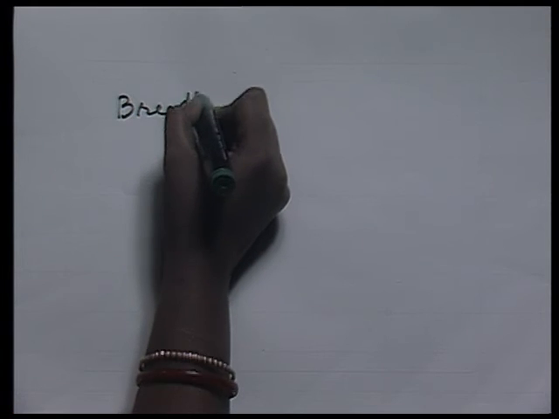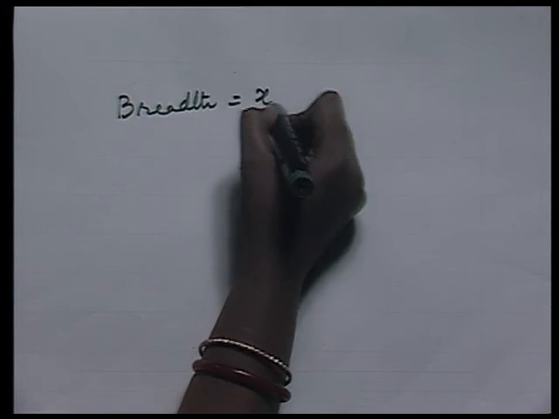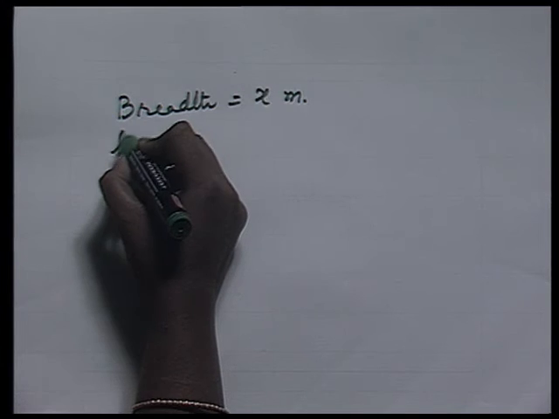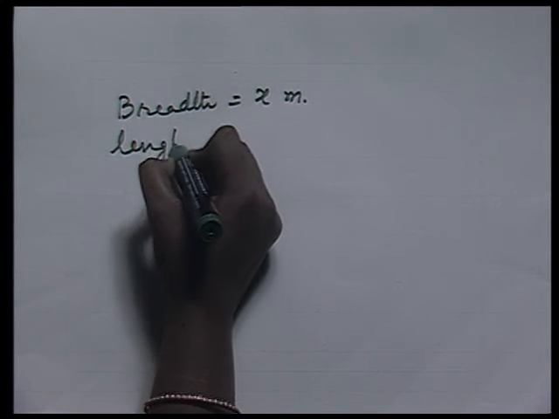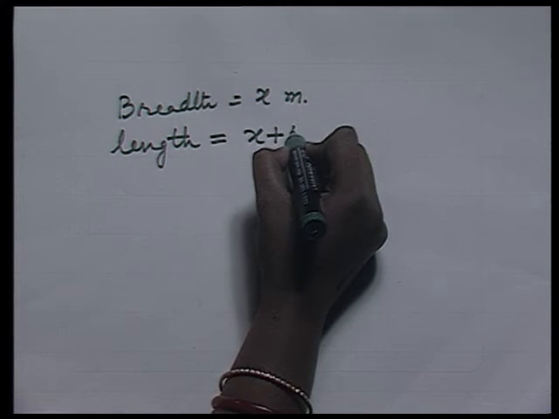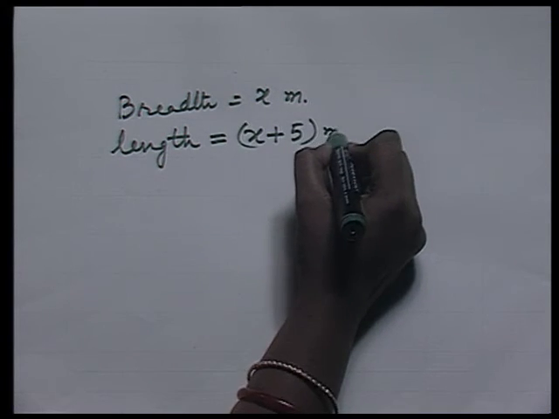In this question, we are given that the length of the hall is 5 meters more than the breadth. Now, let us suppose that the breadth of the hall is x meters. Then, according to this condition given, we should have length of the hall is equal to x plus 5 meters.